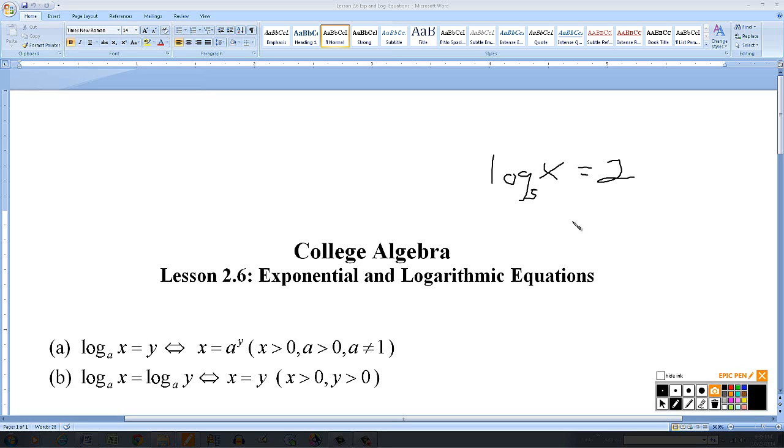From what we've done before, I know that x has to equal whatever the base is, which in this case is 5, taken to whatever the logarithm is, which is 2. That's an exponent. So x is equal to 25.